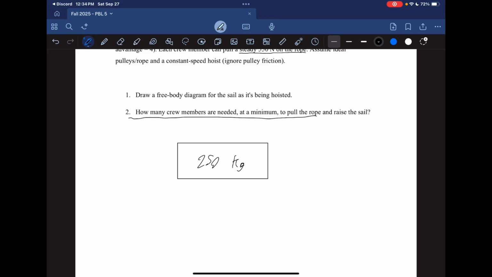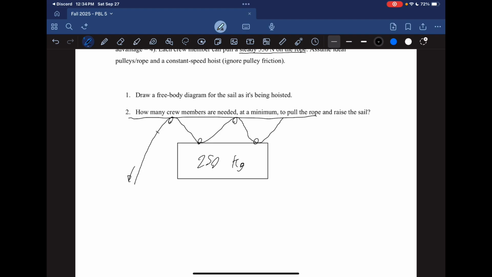So to have 4 total pulleys, we'll say there's one here, one here, one here, and one here, so that the rope runs through this pulley like that. And we're pulling in this direction.